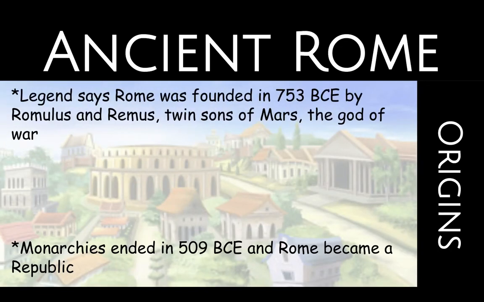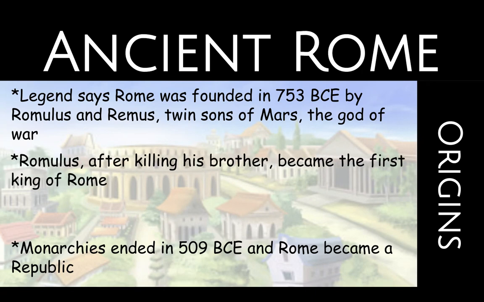So the legend says that Rome was founded in 753 BCE by Romulus and Remus, the twin sons of Mars, the Roman god of war. And Romulus killed his brother Remus and then became the first king of Rome.